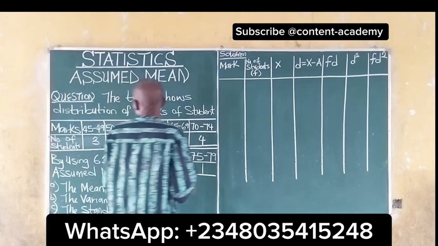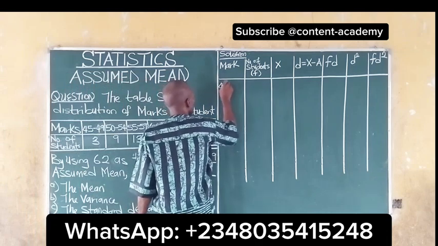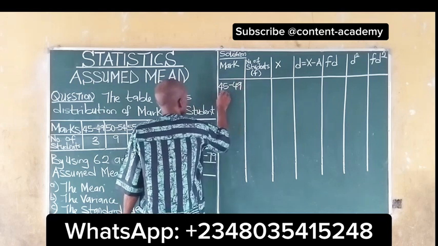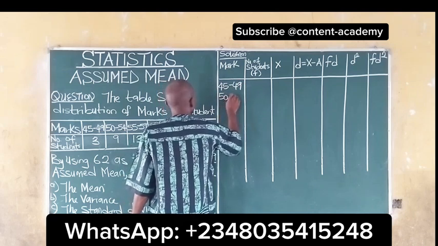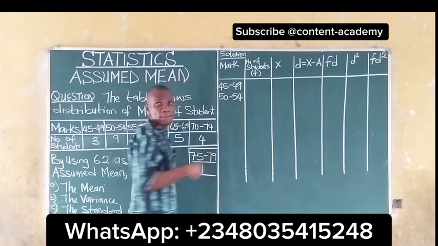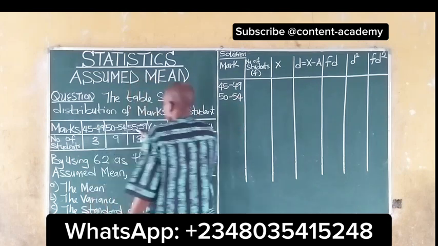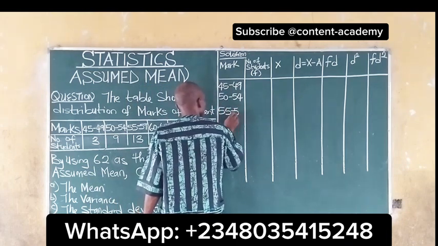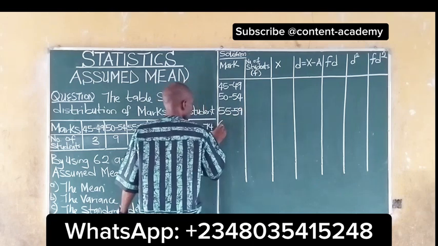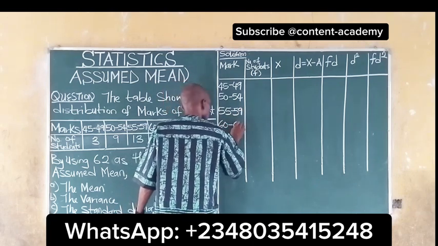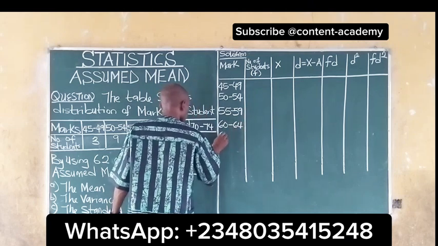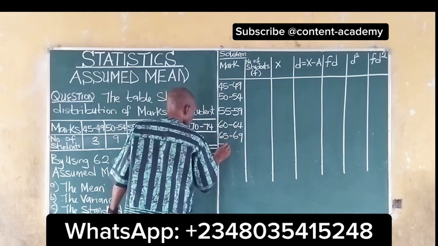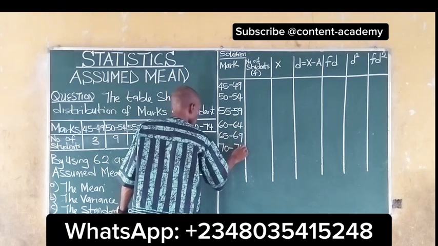Now, the first thing to do is to rewrite this out properly. 45 to 49, 50 to 54, 55 to 59, 60 to 64, 65 to 69, 70 to 74.